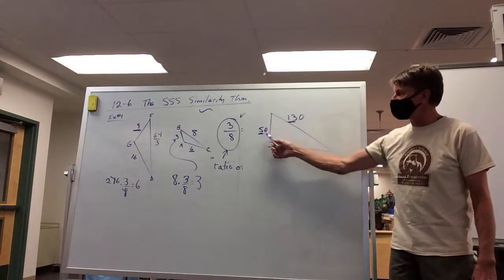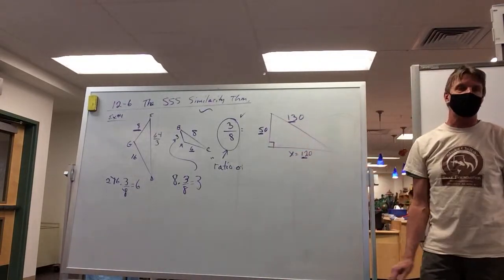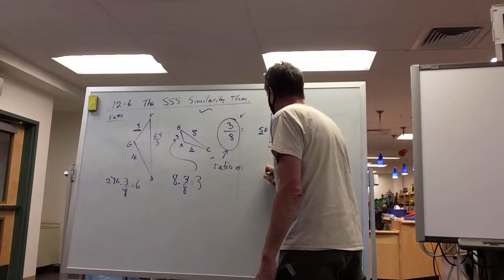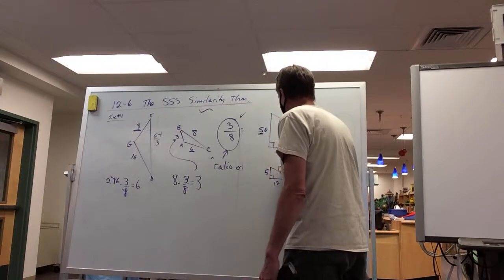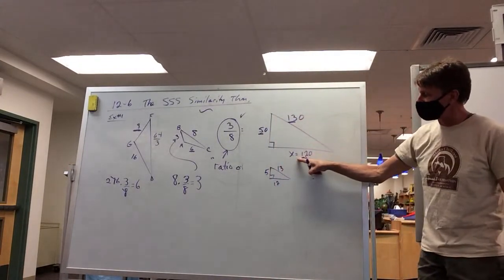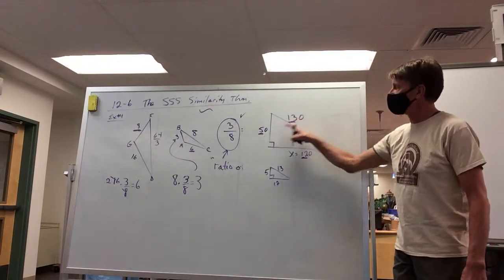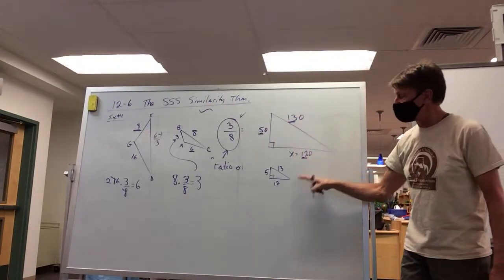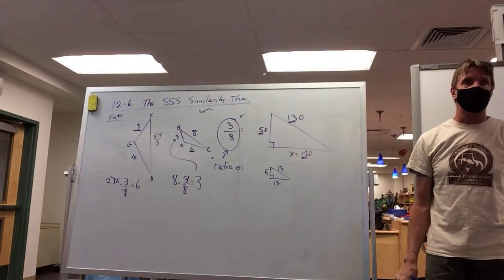No differently than 50 squared plus 120 squared is equal to 130 squared. So the idea is that we're thinking of this as a triangle similar to the 50, the 130, and the x. And we know that each of these sides are 10 times larger, therefore that missing leg needs to be 10 times larger.